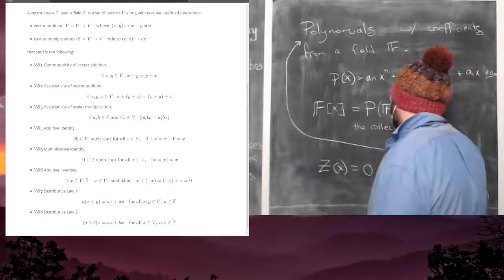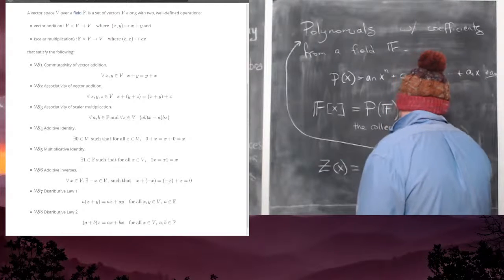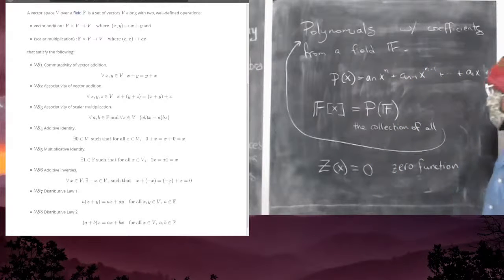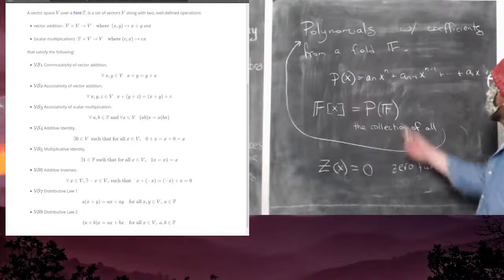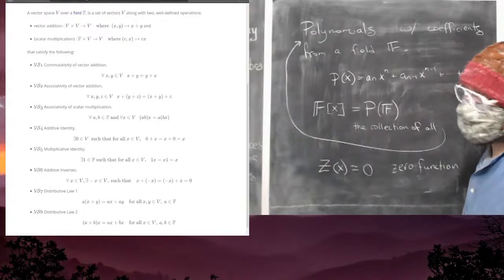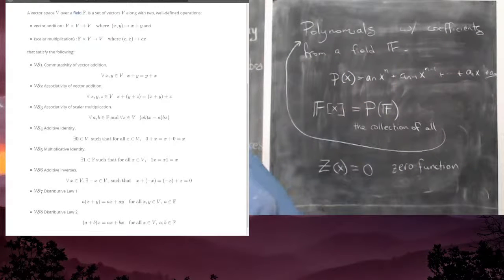So strictly speaking, this is the 0 function, not the number 0, because all of these are functions. Polynomials put the fun in function.